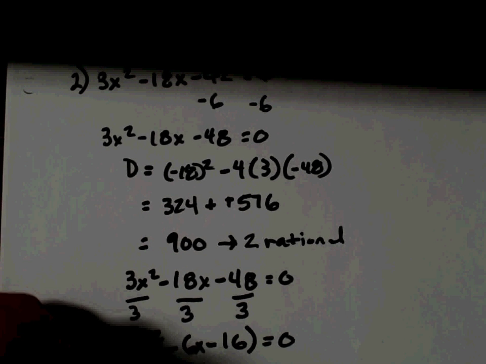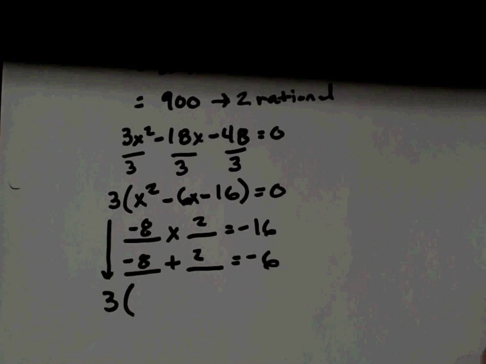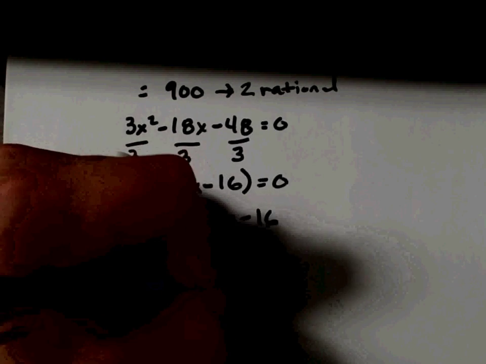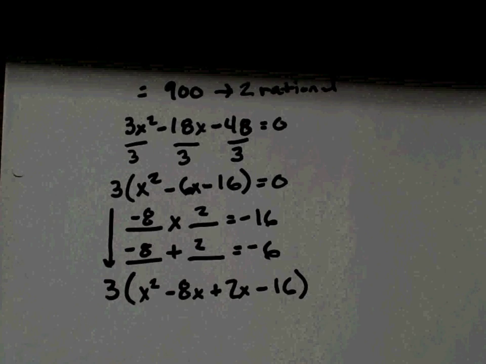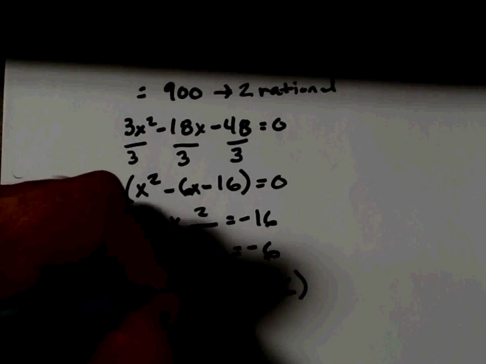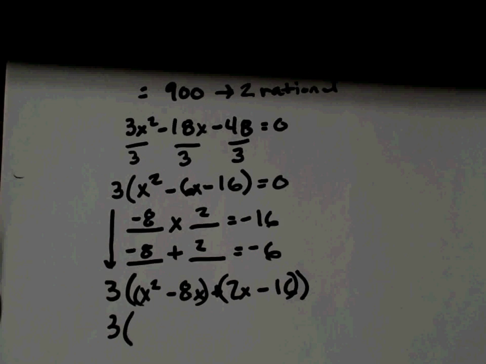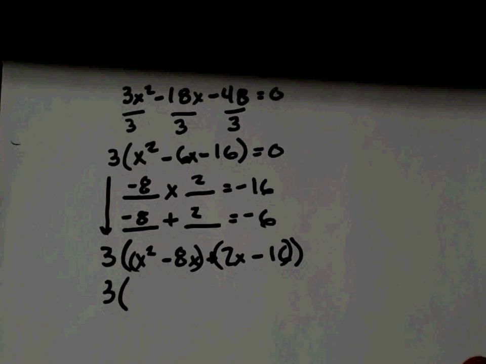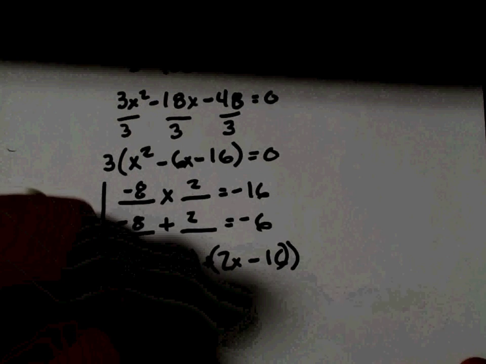So now we can go back and replace the 6x. And once again, I'm keeping the 3 with me. You need to keep bringing it down because you'll see where it'll play a role here in just a minute. Okay, bringing it down. And so I'm going to have x squared minus 8x plus 2x minus 16. What's common between x squared and 8x? x is, correct?